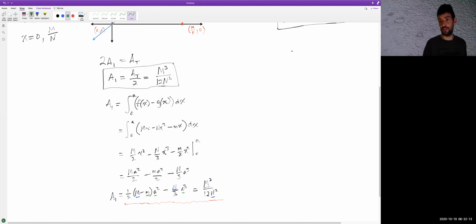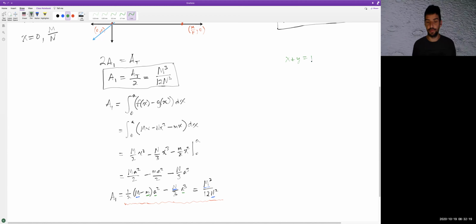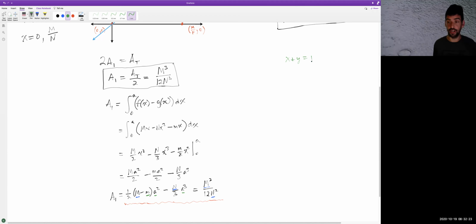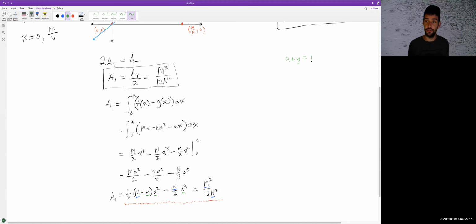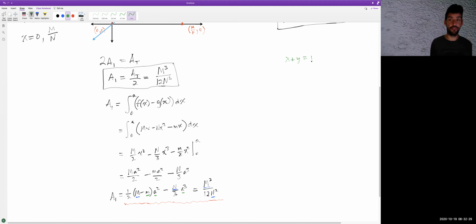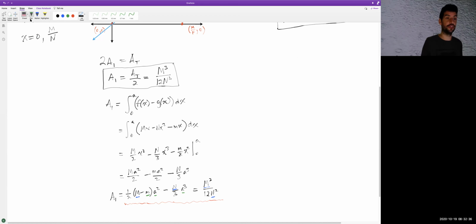Whenever you have two unknowns in an equation, like x plus y equals 1, there's an infinite number of solutions. I shouldn't say whenever, but typically we'll have an infinite number of solutions. So x plus y equals 1: 0 and 1, 1 and 0, 2 and -1, -1 and 2, right? We can go on forever.